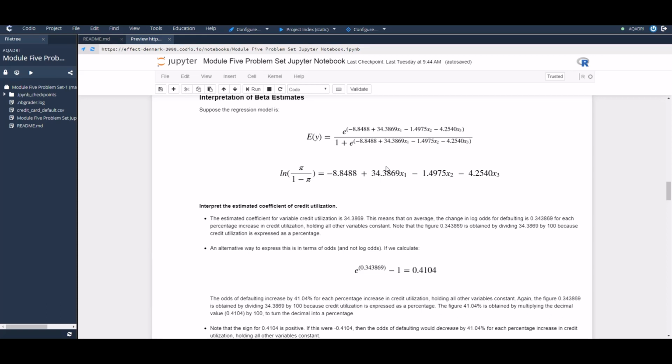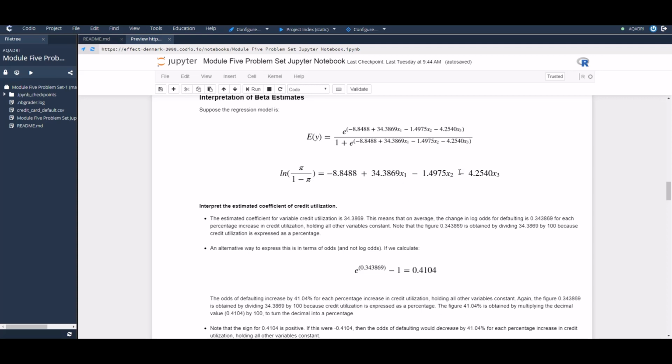So basically we take this value and we divide it by 100. Now you don't have to do this each time for every predictor, because not all predictors will be expressed in terms of percentage. But when the predictor is expressed in terms of percentage, where a 1 unit increase means 100% increase, then you do have to make this conversion.